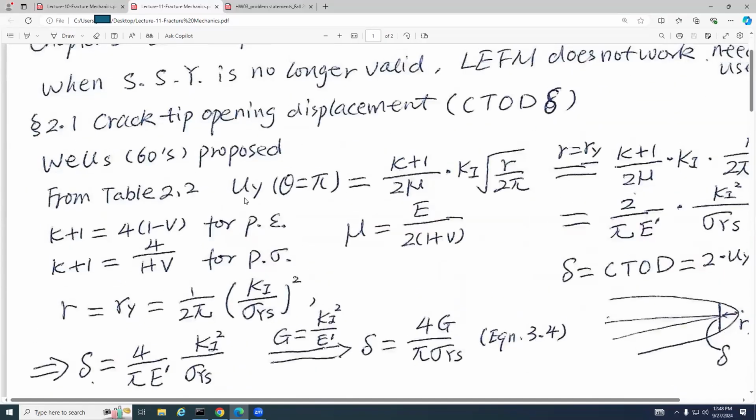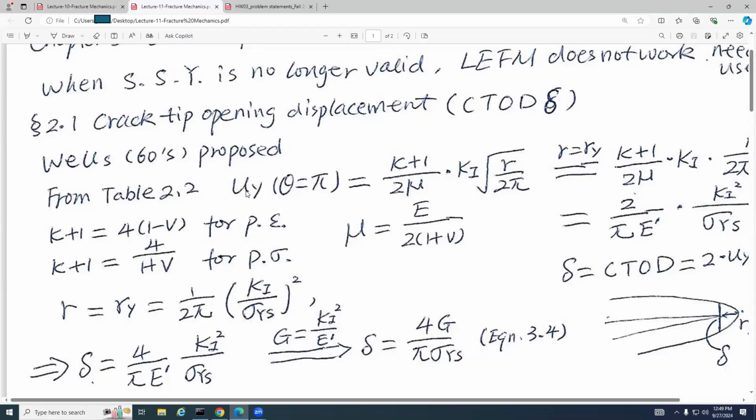So from table 2.2, the Uy, okay, this is Uy. Let me draw something here. It's a crack. It's a crack tip. And here and here, the displacement of these two points will be 2 multiplied by Uy with respect to x.